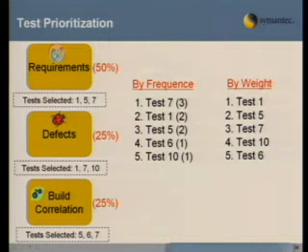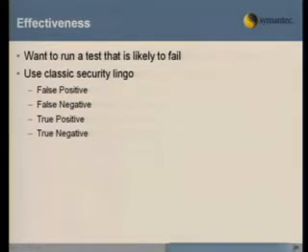A lot of people believe running 1,000 tests and having them all pass makes you feel good, right? Things are working, hopefully, probably. And that's definitely a good philosophy to have. And we are looking for tests that are likely to fail, because it's not something that we want to re-release back into the field. So in order to track this, we're looking at using some classic sort of security lingo.